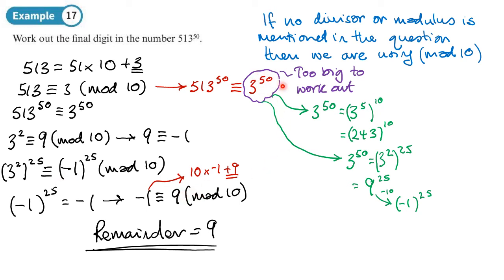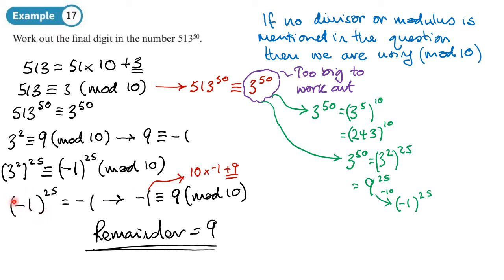We're not going to be working out these huge powers. So rules of powers might help. Find these congruent numbers as you work through the calculation. So after each step, is there a congruent number you can change it to that's much easier? And then that will allow you to make the question quite easy to do.